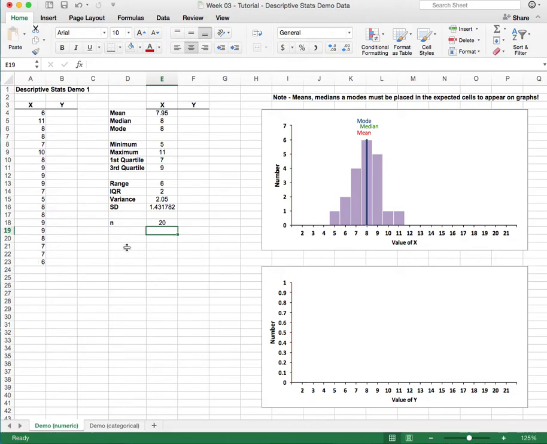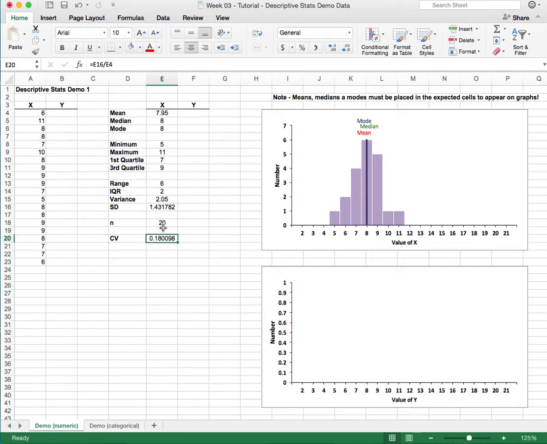Okay, so the next one, CV, this stands for coefficient of variation. And coefficient of variation is just the standard deviation. So we can go standard deviation divided by the mean. And you see this is a fraction.